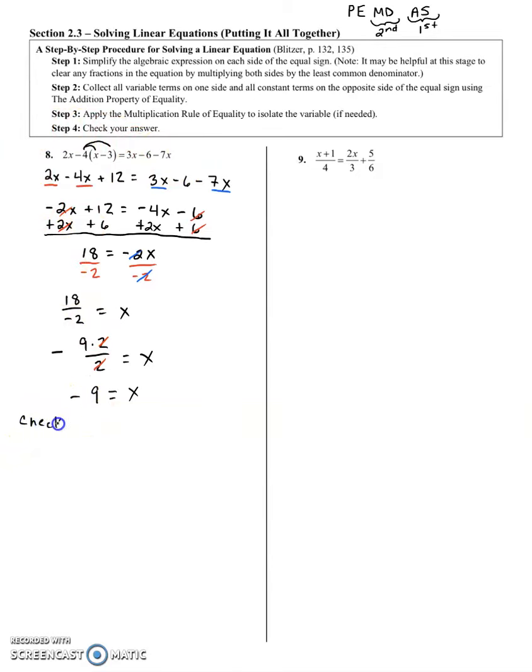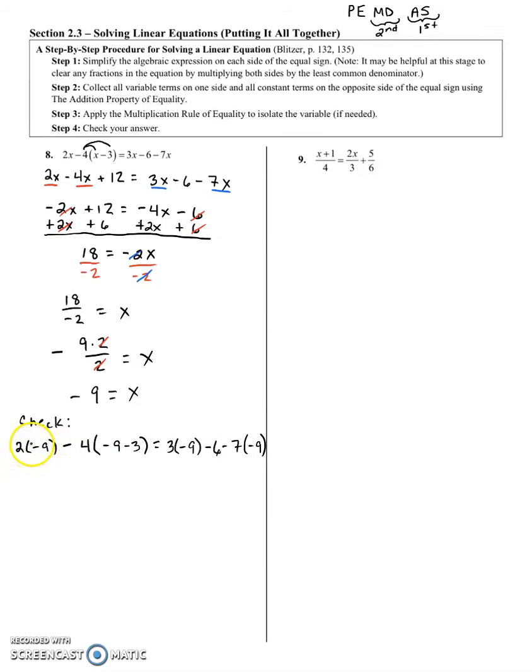So check. 2 times -9 minus 4 times, in parentheses, -9 minus 3 equals 3 times -9 minus 6 minus 7 times a -9.